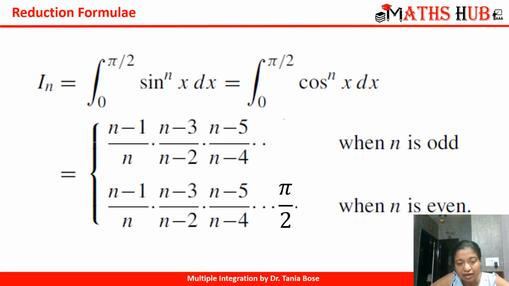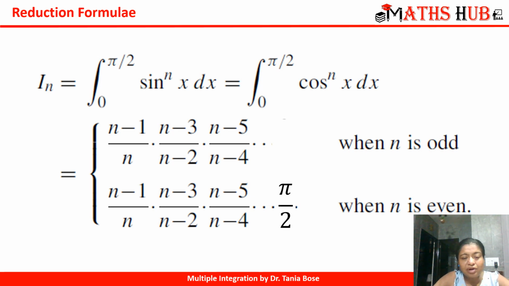Similarly, in the denominator, we will start from the exponent n and keep on subtracting all the even terms, n minus 2, n minus 4, and so on, until we get 0 or a negative number, right? And if n is odd, then this is the answer. And in case n is an even number, we need to multiply it by pi by 2, right? So these reduction formulas will be of great help when you are solving the integrals.